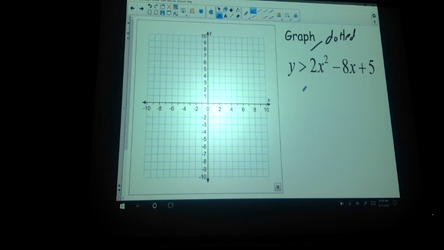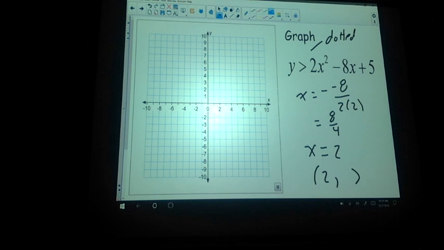Okay, so I'm going to do x equals negative b over 2a. It's just 1, 2. Well, no, because it's negative 8, so it'd be negative. Negative a is positive. Yeah, that's what I'm saying. All right, so the axis of symmetry is there. Plug that 2 back in.